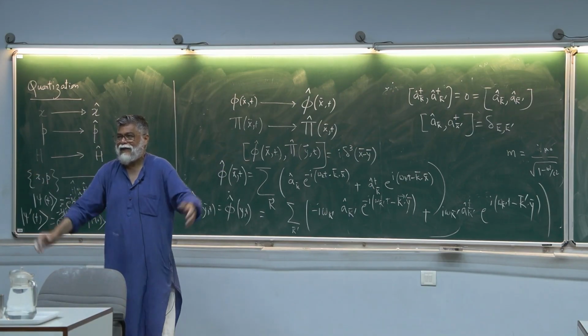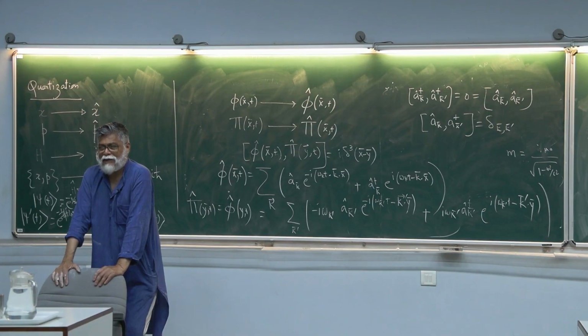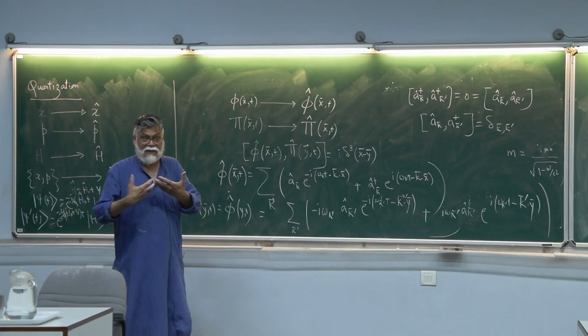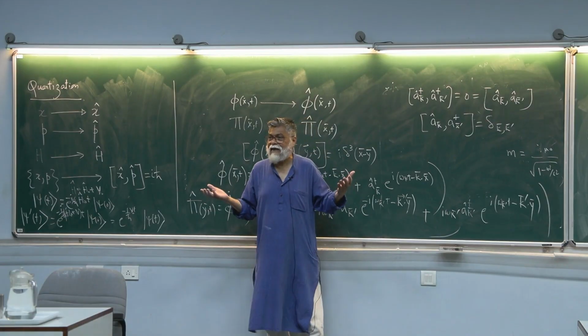It leads to negative probability density if you treat them as a wave function. So the word second quantization is only a very old term. It was there when we were graduate students learning quantum field theory, and it led to a lot of confusion in us.